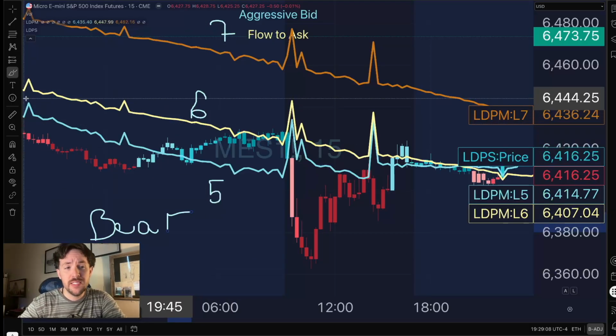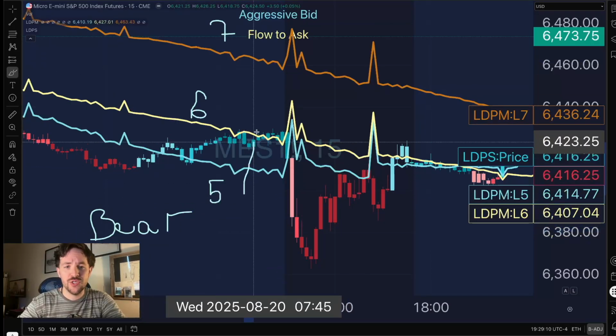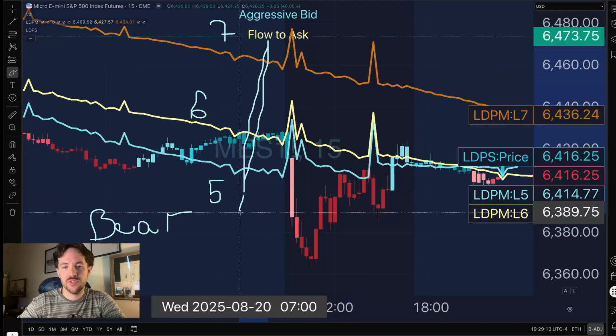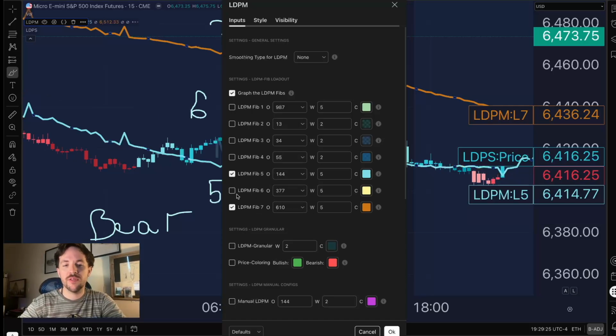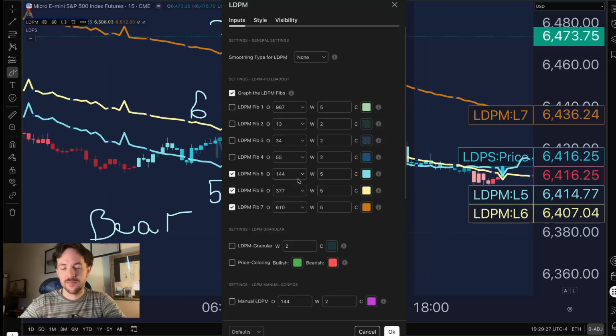What really determines that is just the orientation of the LDPMs. In this case, the 5 is 144, which is less than 6, which is 377, and 7 is more than 6, at 610. So the 5 is less than 6 in terms of its order, 6 is less than 7, and 7 is the highest.